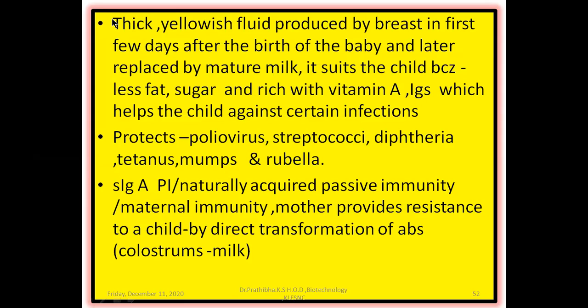In colostrum you will see the presence of IgA secretory immunoglobulin, which gives passive immunity to the newborn baby. This is also known as naturally acquired passive immunity or maternal immunity, where the mother provides resistance to the child by direct transfer of antibodies through the colostrum, that is the milk, like an instant immunity.